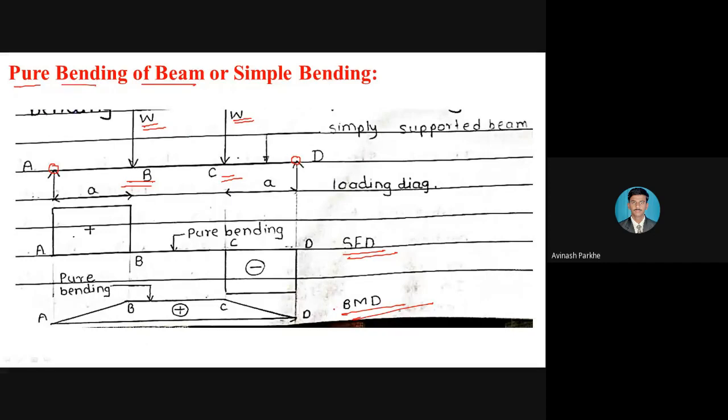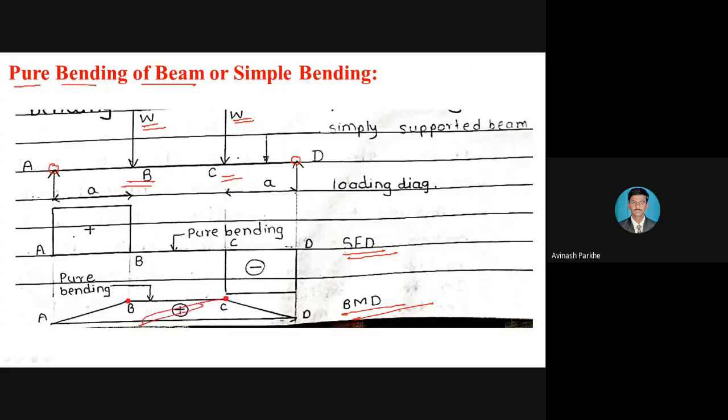As per the pure bending definition, the beam is subjected to a constant bending moment. Now focus on the portion B to C. In this figure, we only have to focus on the portion from B to C. In the bending moment diagram, point B is there, point C is there.